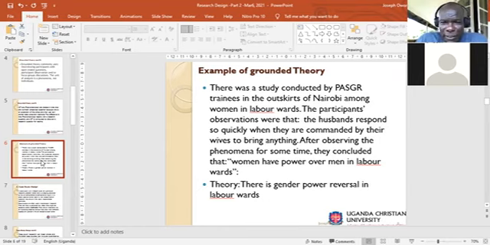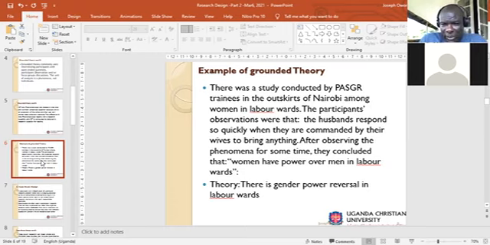So they came out with a theory, a grounded theory, saying there is a gender power reversal in labor wards. And of course, later on, you discover that when the child has been delivered and everything is back to normal, then the authority or the power is grabbed by the men, and so on and so on.